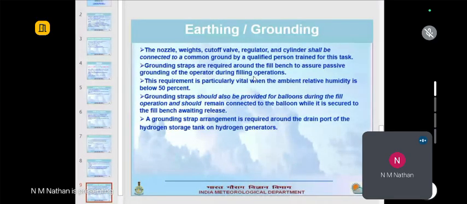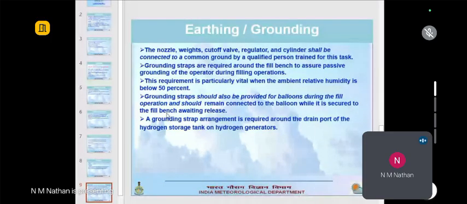They simply connect the balloon without connecting the earthing, and they are able to fill up the balloon. It is possible, but in case one day any leakage or static voltage develops, that will create an explosion. So you have to always follow the strict instructions, that will save us. That is why we have to ensure safety first, right?